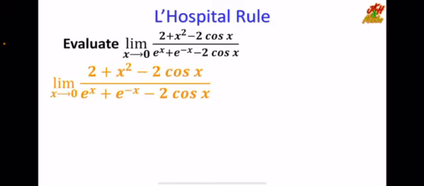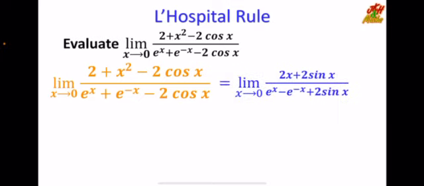Therefore, now the limit of 2x plus 2 sine x over e to the power of x minus e to the power of negative x plus 2 sine x as x approaches 0.